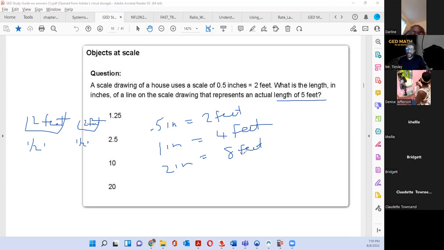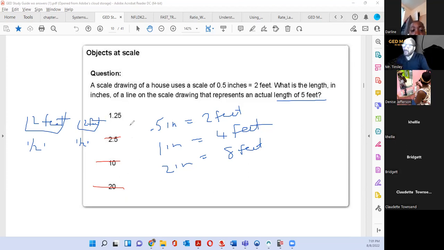No. Can my answer be 10? No. Can my answer be 2.5? No. Why? Because anything larger than 2 inches is larger than 8 feet. So all of these numbers are greater than 2.